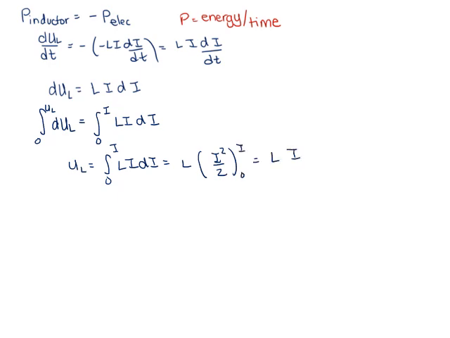So L times I squared over 2. So our result is that the potential energy stored in an inductor is UL equals 1/2 L times I squared. Potential energy stored. Now, where is that potential energy stored? It's stored in the magnetic field of the inductor.